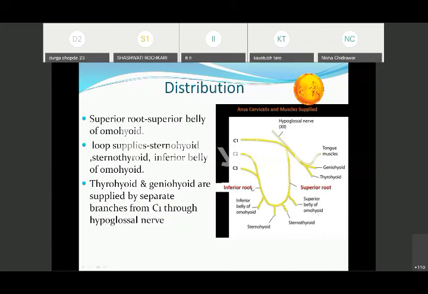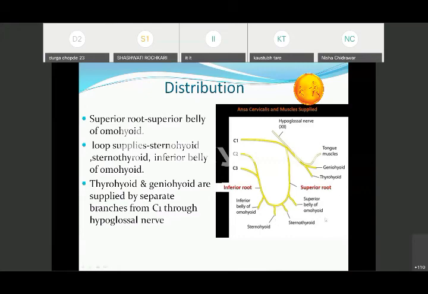The loop of the ansa cervicalis will supply the sternohyoid, sternothyroid, and the inferior belly of omohyoid. So the infrahyoid muscles are all supplied by the ansa cervicalis. The superior root supplies the superior belly of omohyoid. The inferior root or the loop supplies the inferior belly of omohyoid, sternohyoid, and sternothyroid.